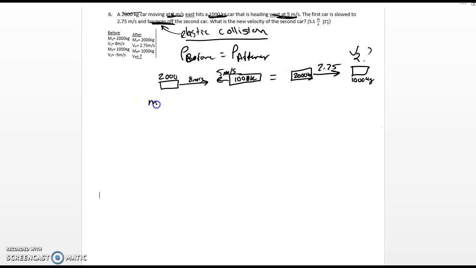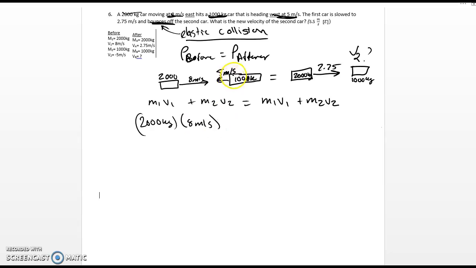Okay, so m1v1 plus m2v2 is going to equal m1v1 plus m2v2. Here they're not together, so we do not combine the masses. They're separate, so we take them as separate momentums. The mass of the first one is 2,000 kilograms times the velocity, which is 8 meters per second.